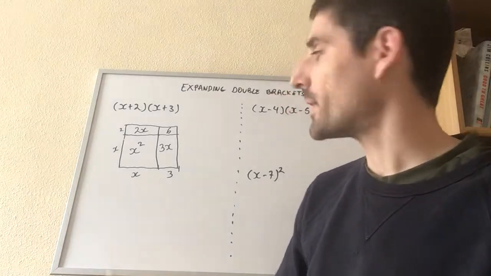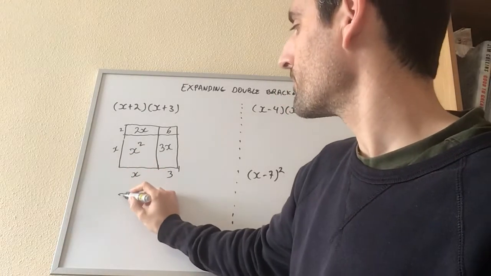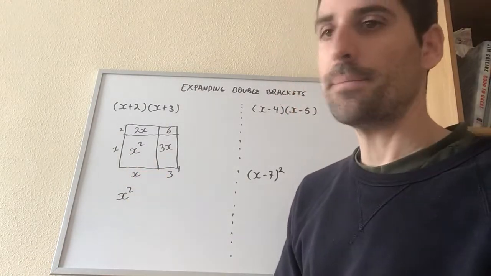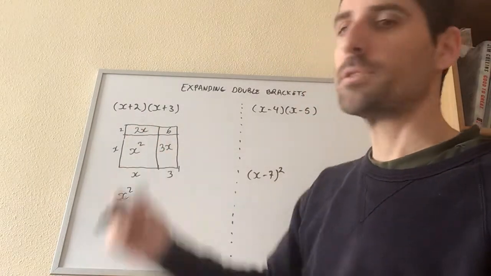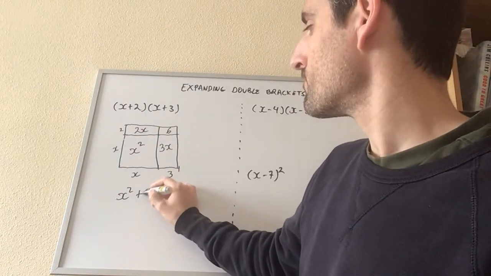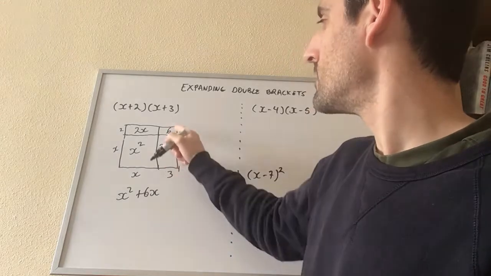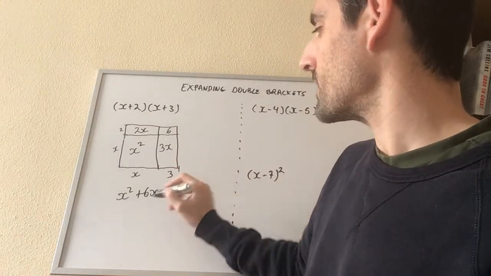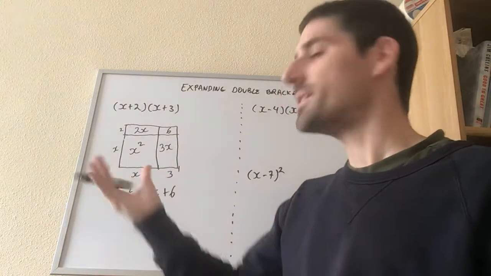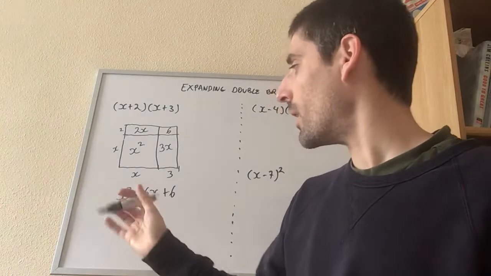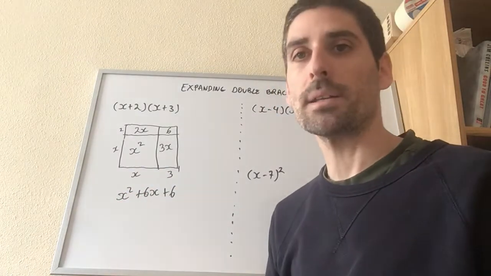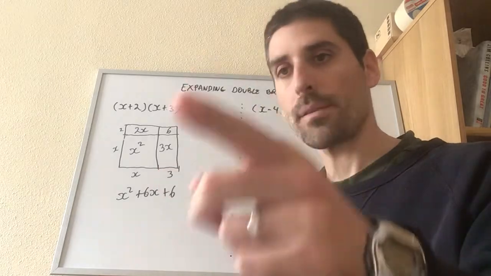And if I put it all together, x squared is x squared. 3x plus 2x is 5x, and then plus 6. I cannot add the 6 to the 5x, or I cannot add the x squared with the 5x. Why not? Think about it.